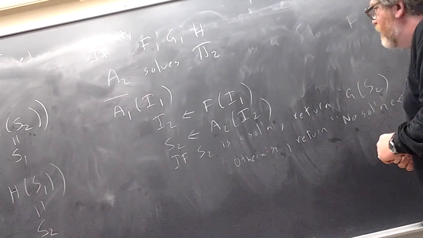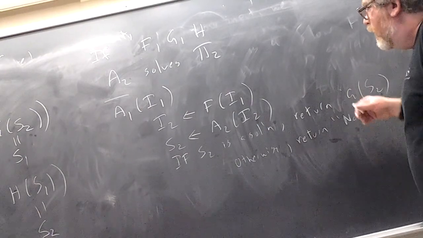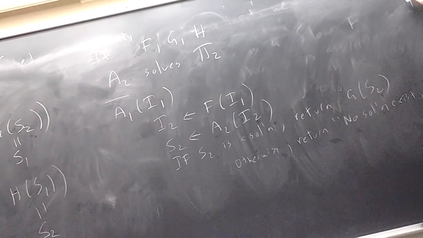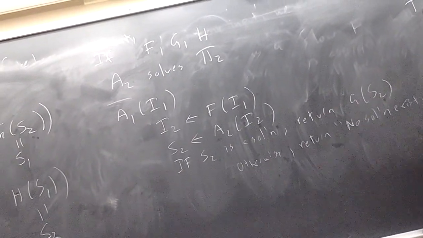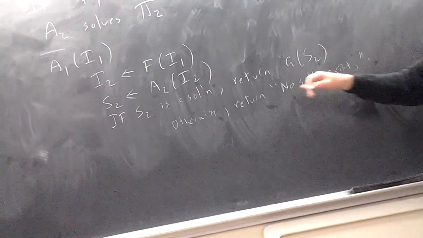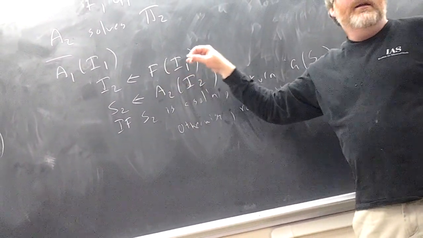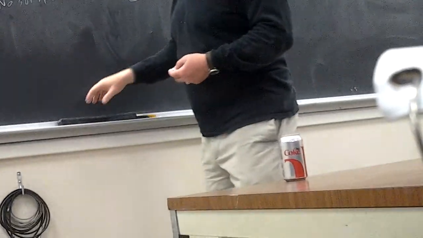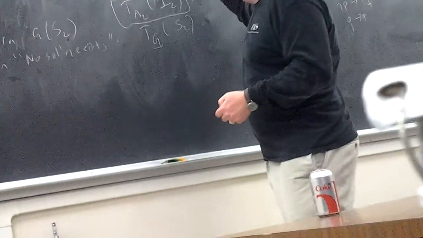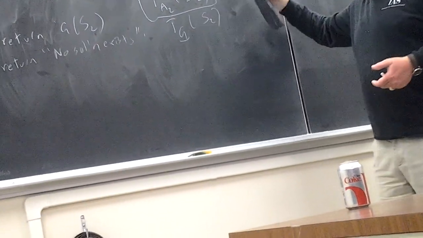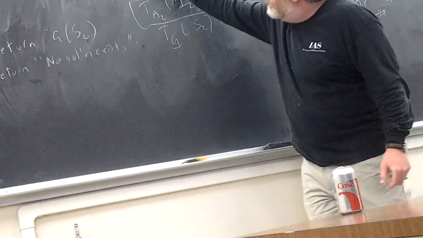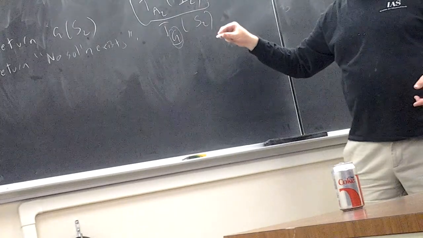Okay. So what's going to determine the running time of A1? There's going to be F and G. The time to compute F and G matters. We don't care about the exact time, but all we care about is that each of these be polynomial time.